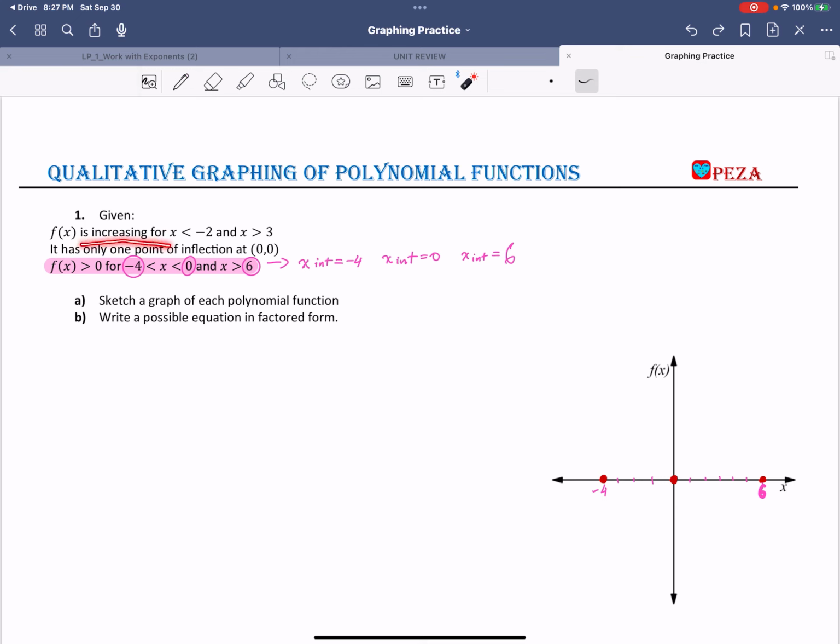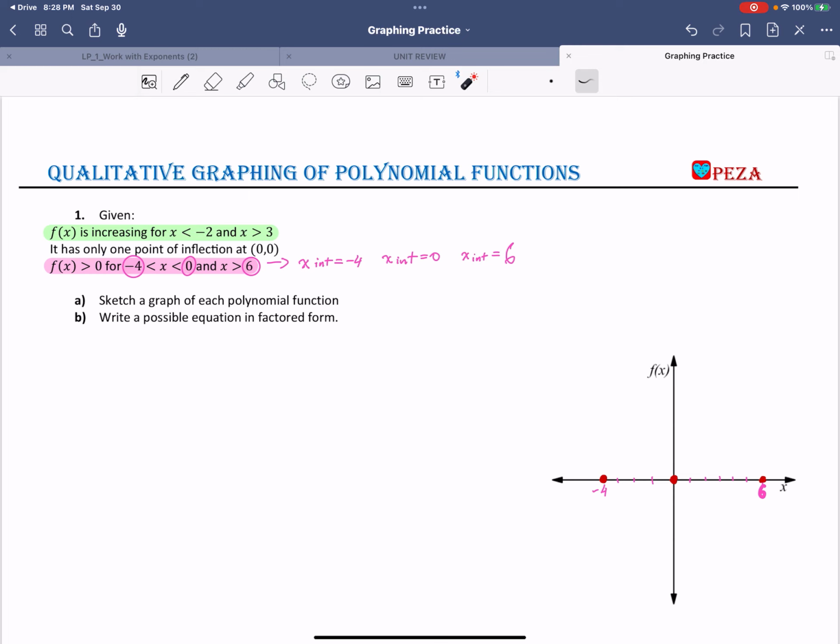The function is increasing for x less than -2 and for x greater than 3. So I'm going to go at x equals -2. And if it helps, use highlighters to distinguish one piece of information from the other, because every piece of information given will shape the graph or will give information about different parts of the graph.